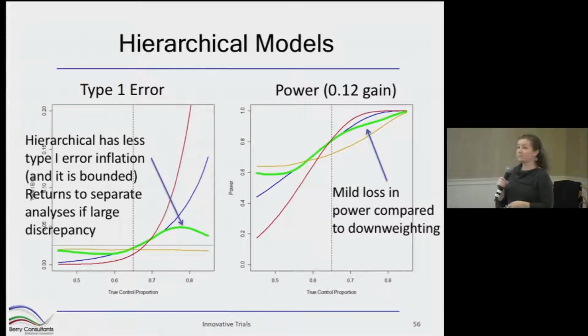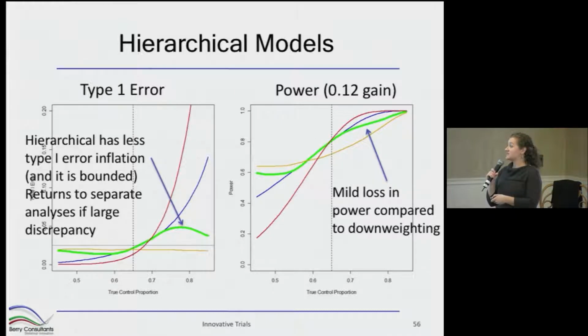So what are the properties of this model? We previously looked at graphs where we had a static weight, either a weight of 1 where we fully pooled the data together, or a weight of 0 where we completely ignored it. Now what I'm showing, this bright lime green line, is what happens if we do a hierarchical model. We now allow the data to dictate how much of the borrowing we do. On the left is our type 1 error graph.